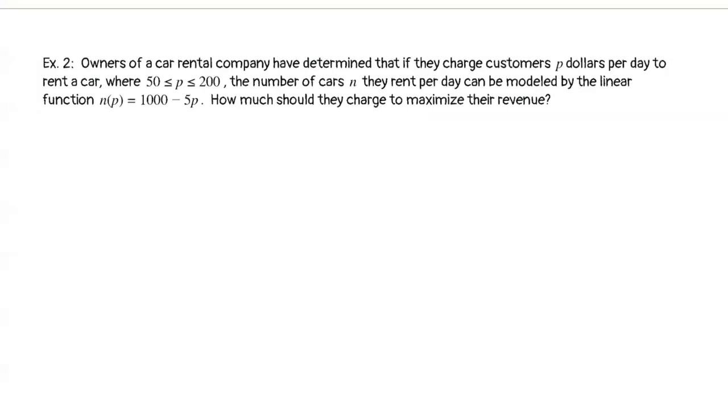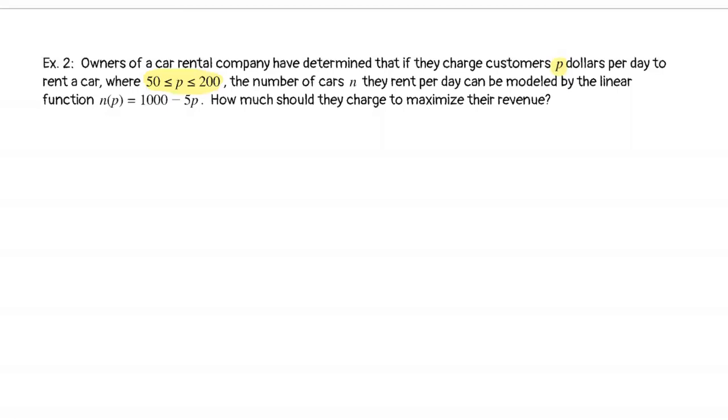Okay. And so let's take a look at this scenario. Owners of a car rental company have determined that if they charge customers P dollars per day to rent a car, and they're saying that P is between 50 and 200. So it's not like they're saying maybe on the low end, for $50, you can rent a Tesla for a day.